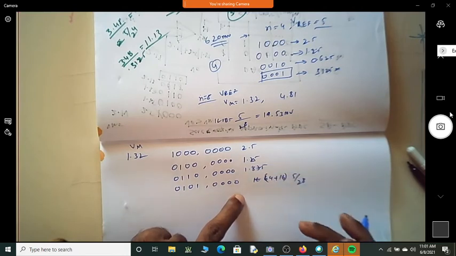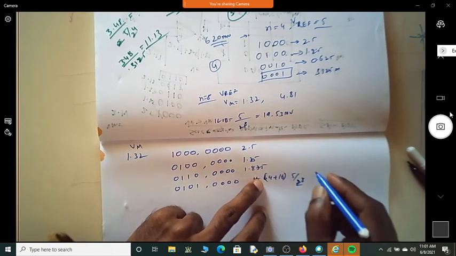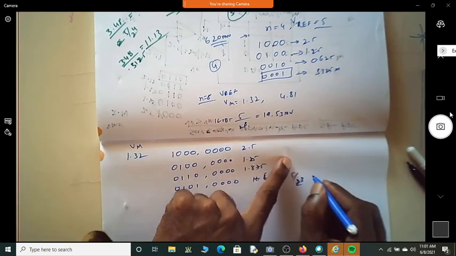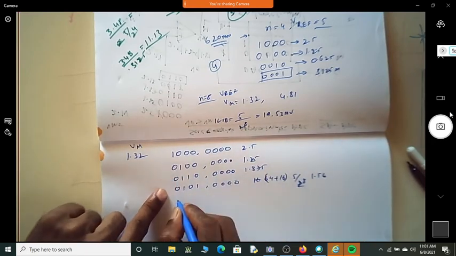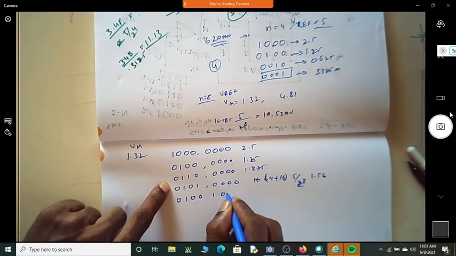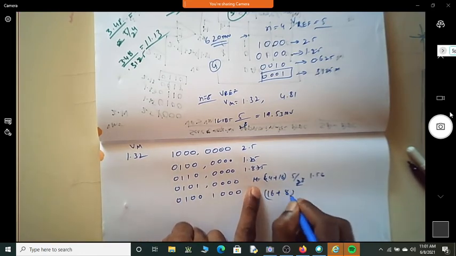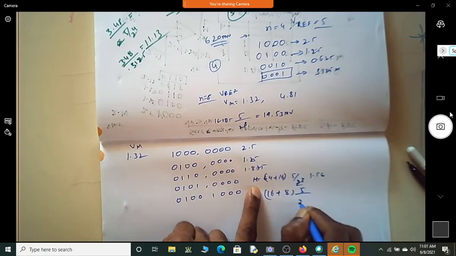This is 1 LSB. How much is this? 1.56. So then should I discard? Yes, sir. So then is it 16 plus 8 into 5 by 2 power 8?